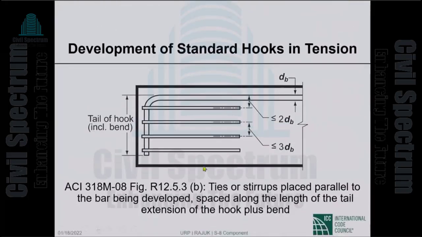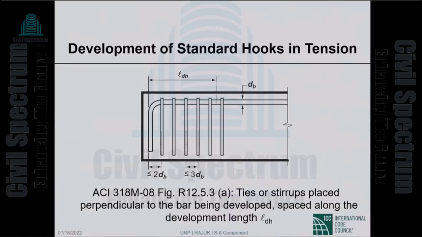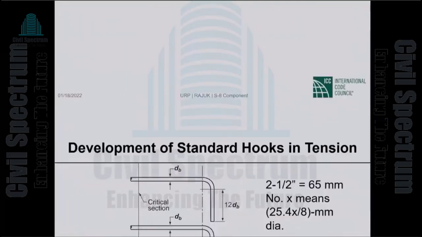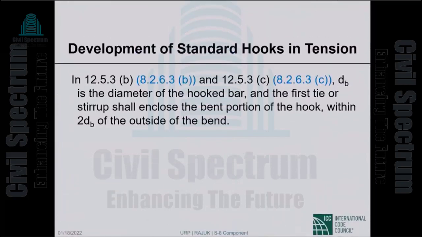Or in the other picture, this has to be no more than 2 bar diameters. The first one has to be placed within 2 bar diameters of the end of the bar or the hook. So that's all this is talking about.